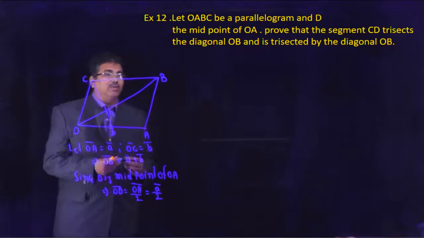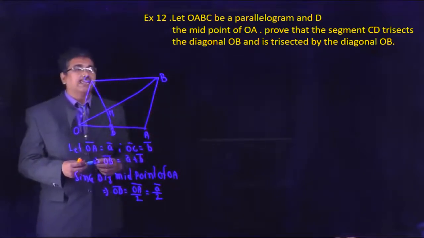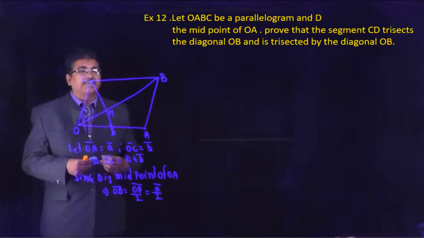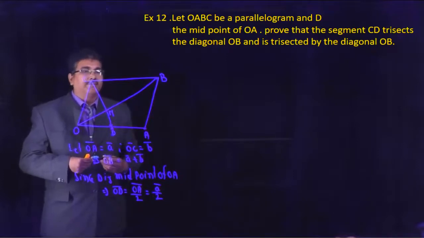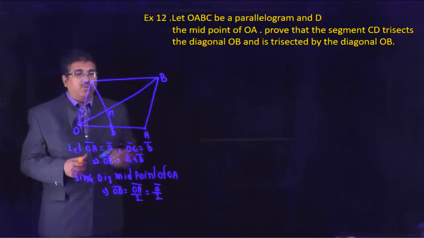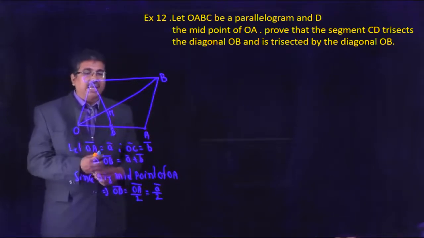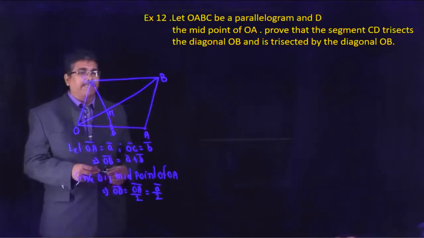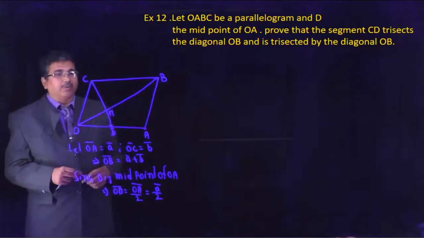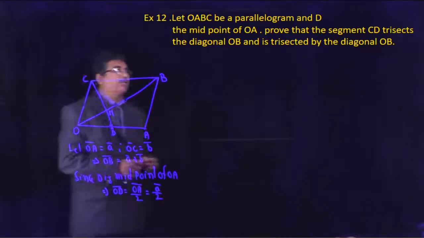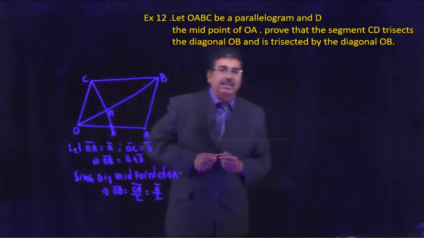Here we want to prove that the segment CD trisects the diagonal OB and OB trisects the line segment CD, right? For proving that, suppose M divides OB.